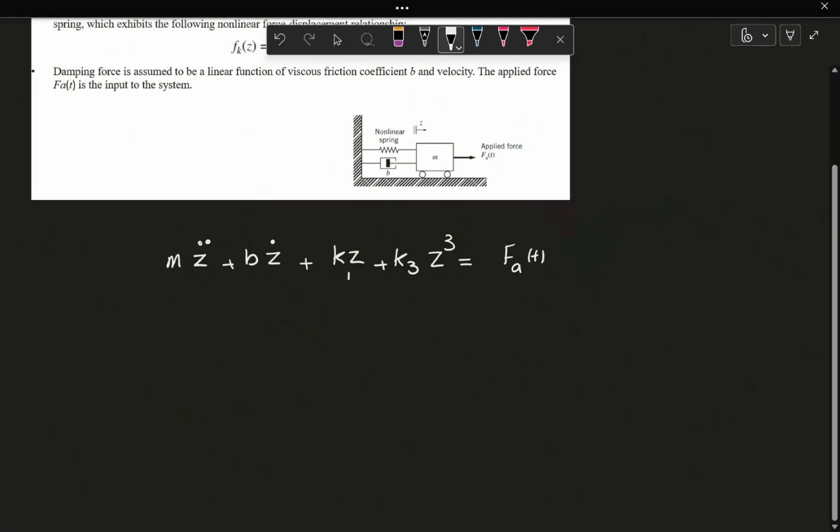Clearly this system is nonlinear because you have z cubed here. We're going to put the system into the state equations.